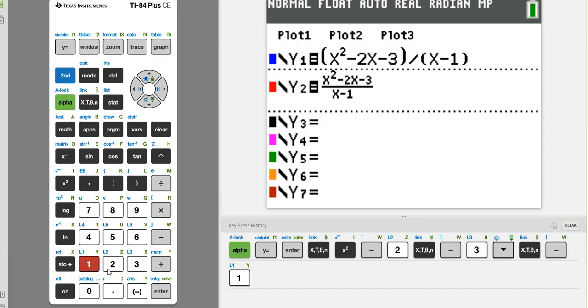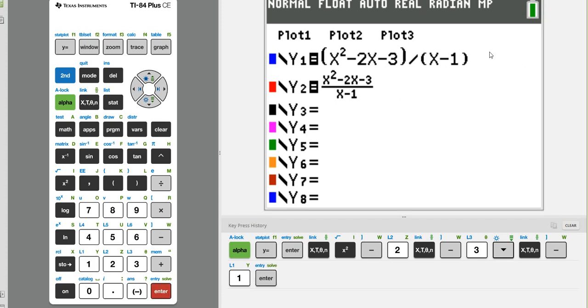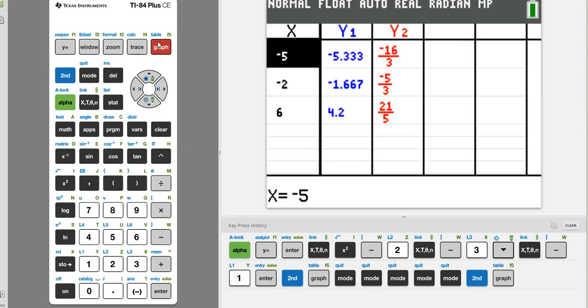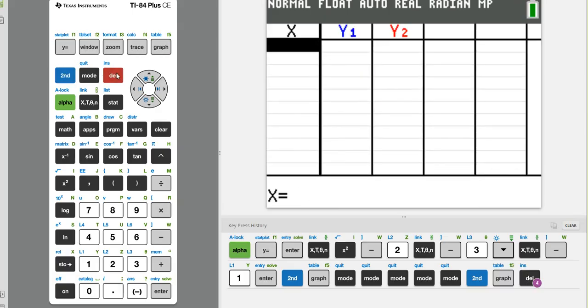The only downside to this is that sometimes your output in our table is going to look a little funky. It's just going to give you fractions. But you should still be able to determine positive and negative regardless. So one way or another, you have to put that new equation into your calculator. Let's go to our table and delete those values here.